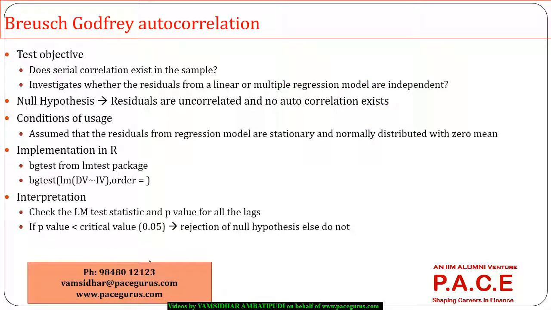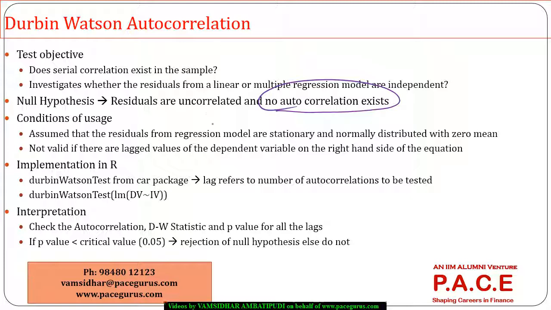The same thing I can execute through the Breusch-Godfrey autocorrelation test as well, and everything remains the same. The only difference is that Durbin-Watson is not valid if there are lagged values of the dependent variable among the independent variables.